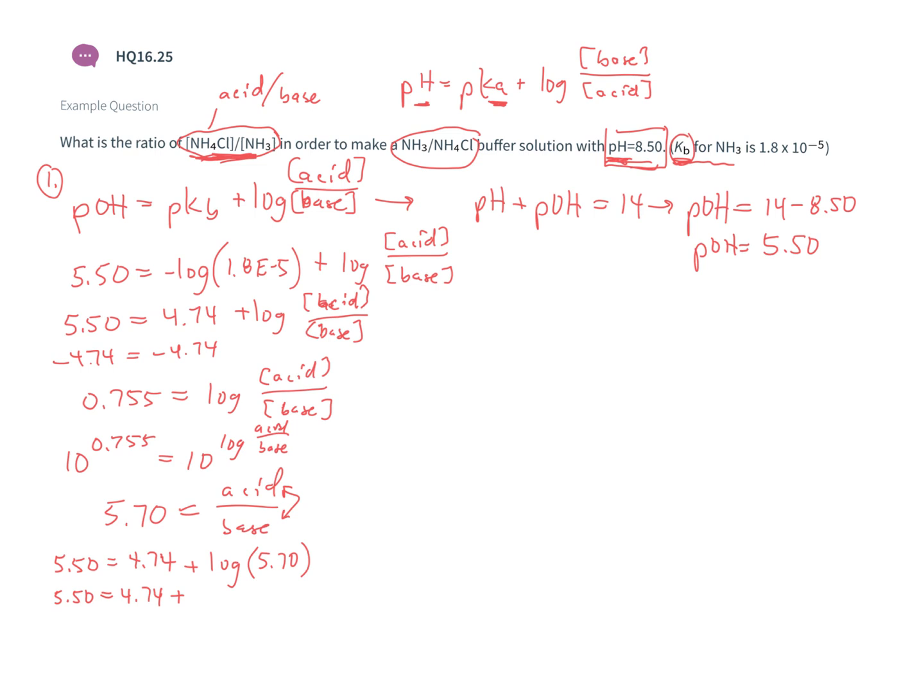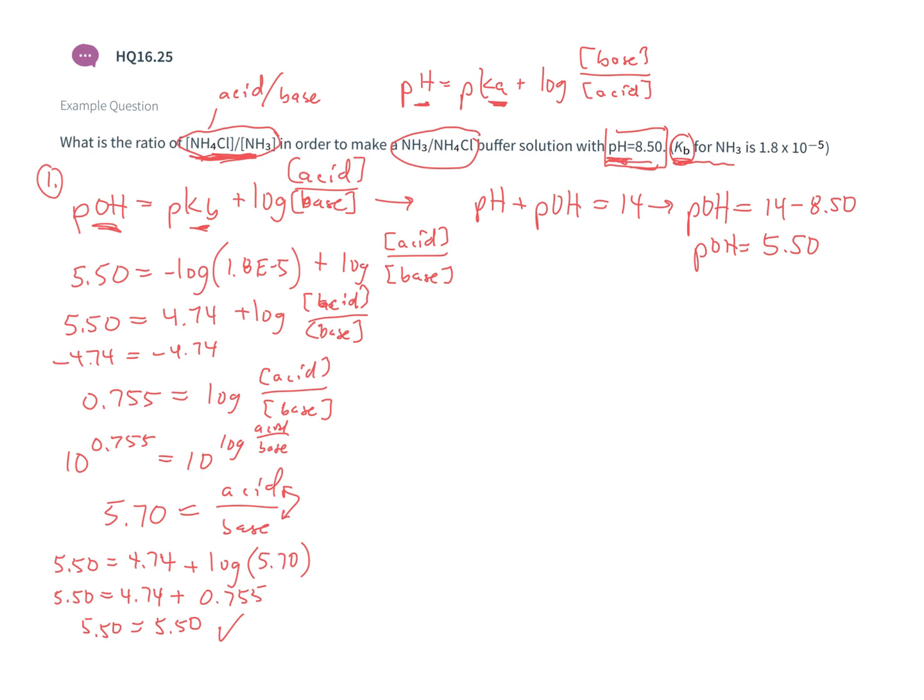The log of 5.7 is 0.755. Add those two together, and I get 5.50 equals 5.50. So that works. That checks out. And that's using pOH equals the pKb plus the log of acid over base. That's what they were looking for.